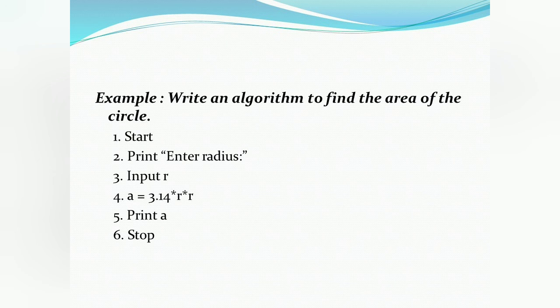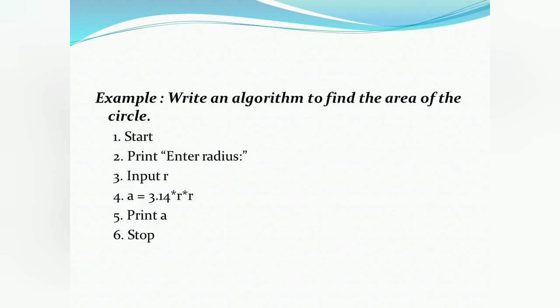Let's see another example. Write an algorithm to find the area of the circle. Here the first step is the start statement, used to begin the algorithm. Next, the print statement is used to display some text on the screen. So here "enter radius value" is given. In the third step, we need input. In order to calculate the area of the circle, we need radius r.